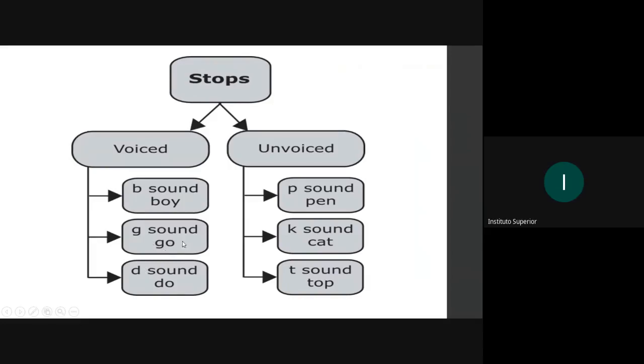Another one. Can you read the second example? K. Okay. And the last one? Do. Okay, good. These three sounds are voiced. Now on this side we have the voiceless or unvoiced.